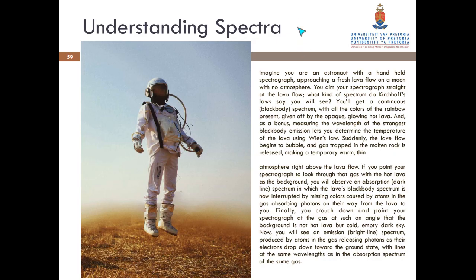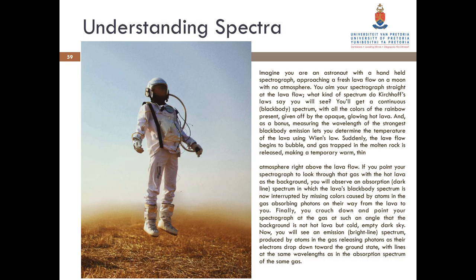So let's do an example of how we can look at these three different spectra in one application. Imagine you are an astronaut with a handheld spectrograph approaching a fresh lava flow on a moon with no atmosphere. You point your spectrograph straight at the lava flow.